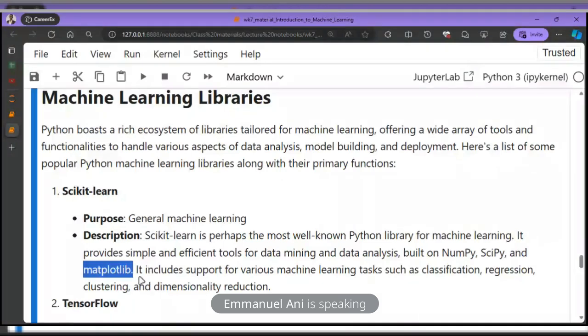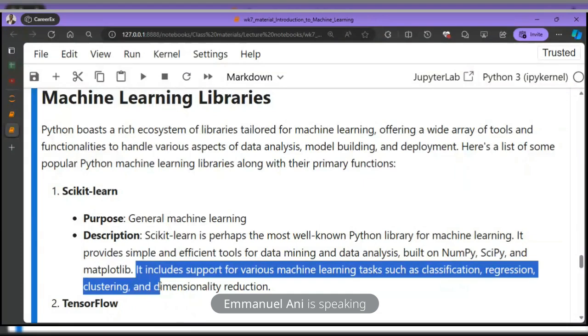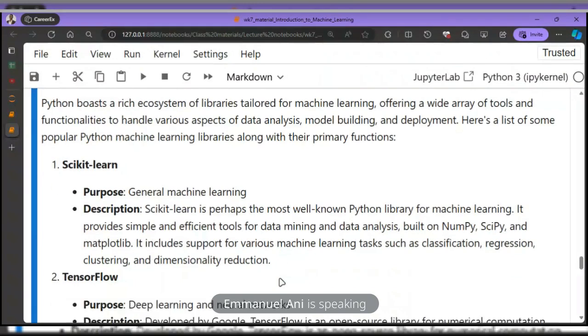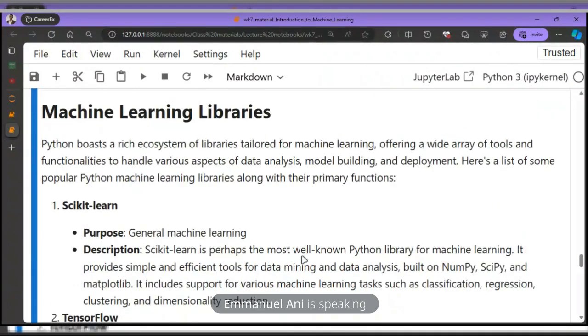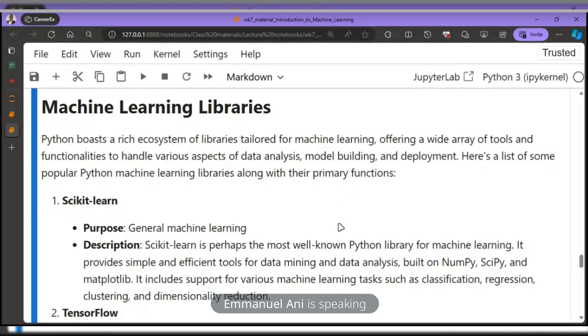It includes support for various machine learning tasks such as classification, regression, clustering, and dimensionality reduction. All these things are jargon that you get used to. Trust me, classification, regression, clustering, dimensionality reduction, you will get used to them. They will become part of your vocabulary in a few weeks.